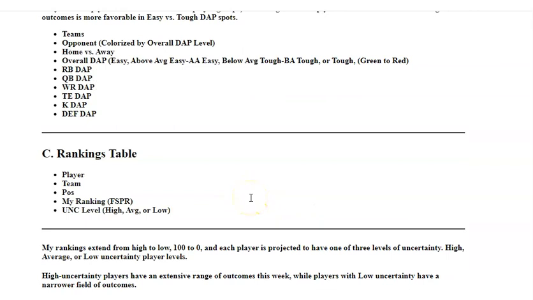And then, of course, I try to give my rankings table of each team in the context of everything else, including the positions, my rankings, my fantasy sports professor rankings, FSPRs, and the uncertainty levels that I've assigned this week. The uncertainty levels are a little bit of the art side.